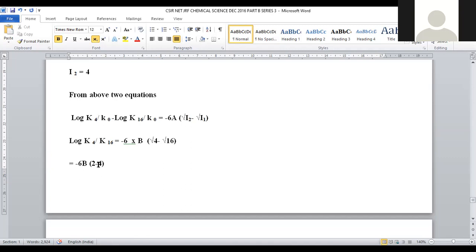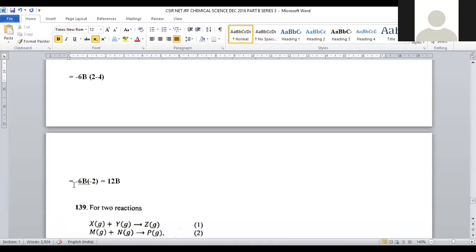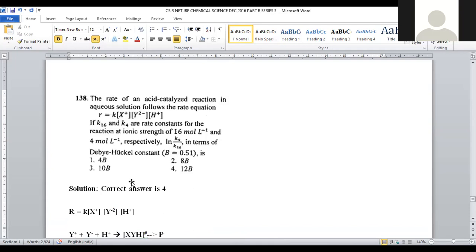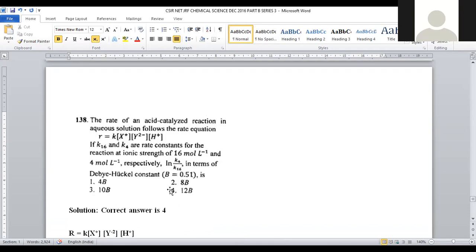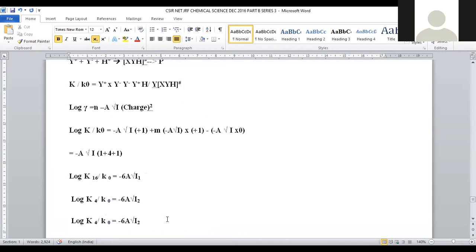Root 4 is 2, root 16 is 4. So it is minus 6B into 2 minus 4, which is minus 6B into minus 2. It will be 12B, which is provided in option number 4. For question number 138, option number 4 is the correct answer.